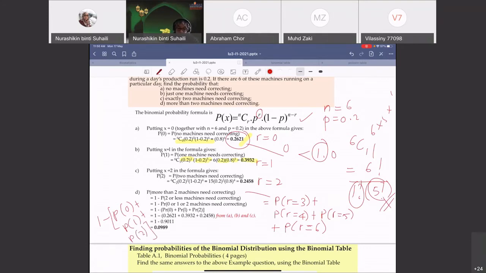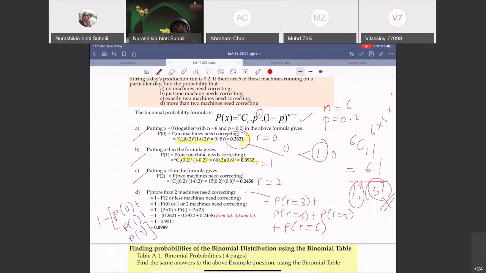That is, 1 minus the sum of the probabilities of p0, p1, p2. There are 2 ways to solve it. And since in this case you have solved the probabilities of 0, 1, and 2, which are given by A, B, and C, you can just substitute the values.